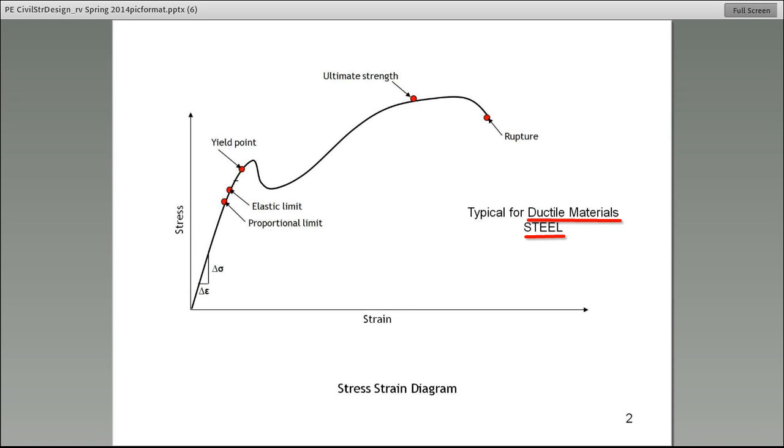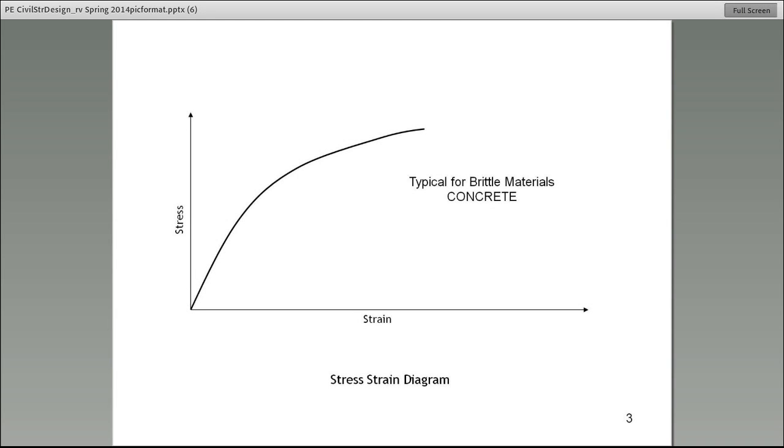And then the next topic that we will cover is slide 3, brittle materials. We have brittle materials, and brittle materials actually have a stress-strain diagram such as the one that I'm showing. All right?